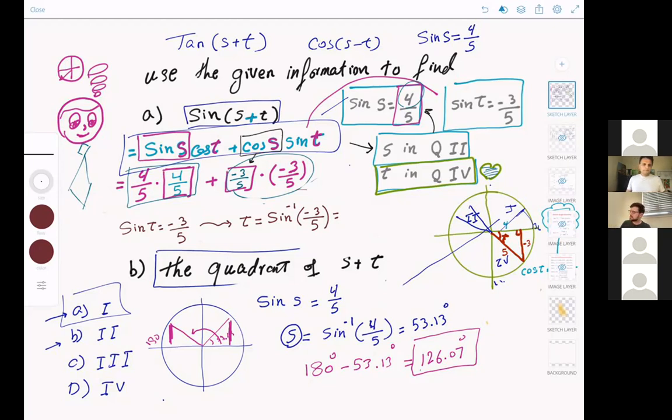Yeah, so it doesn't work. You have to make sure the mode is in degrees. I have to reset it.